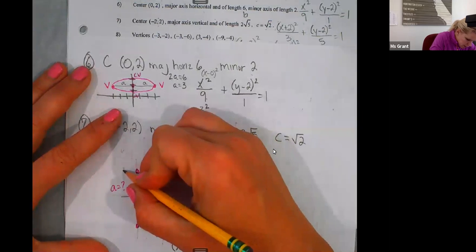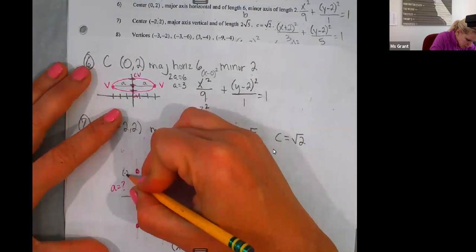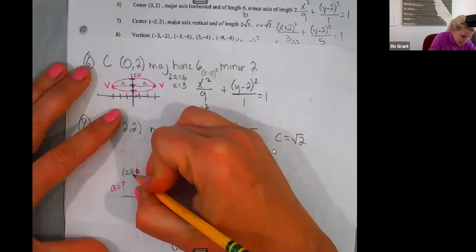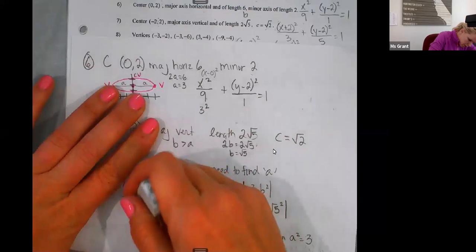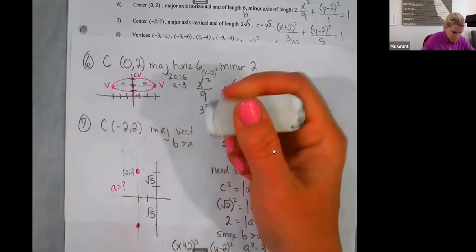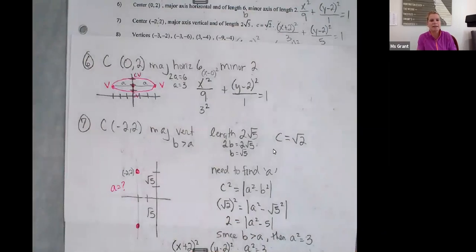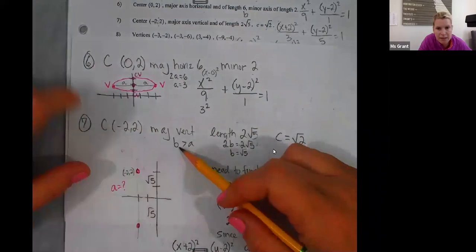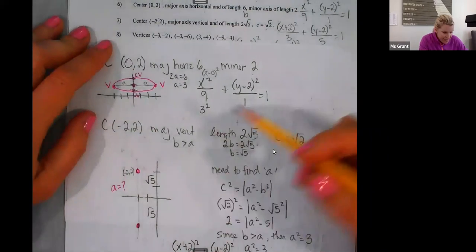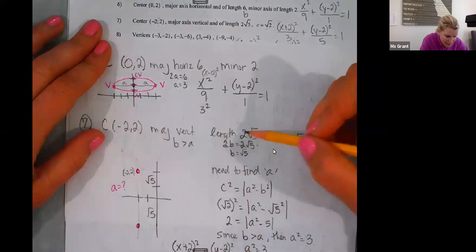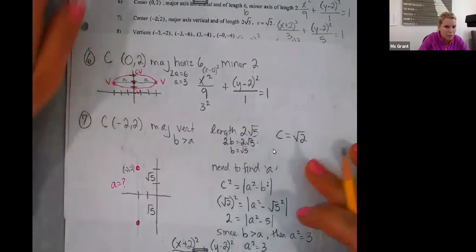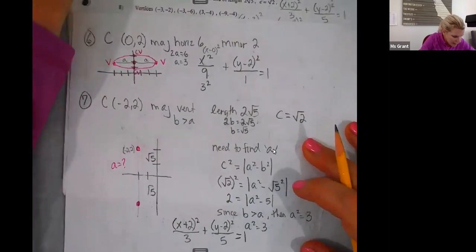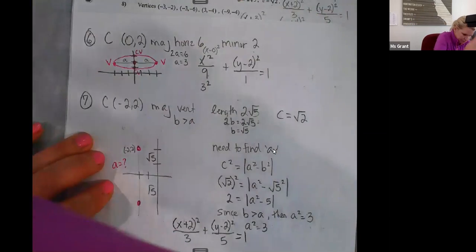So this is negative 2 comma 2, right? Which means that if it says that the major axis is vertical, then that means that B is larger than A. With a length of 2 rad 5. 2 rad 5 means from top to bottom. So that means I go rad 5 up and rad 5 down. Do you see that? Rad 5 up.